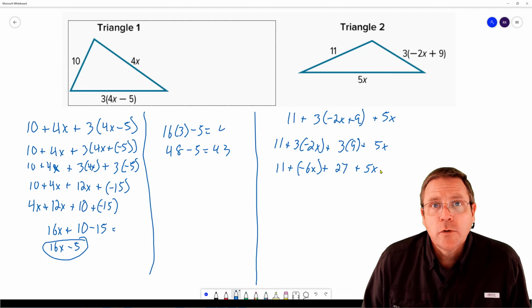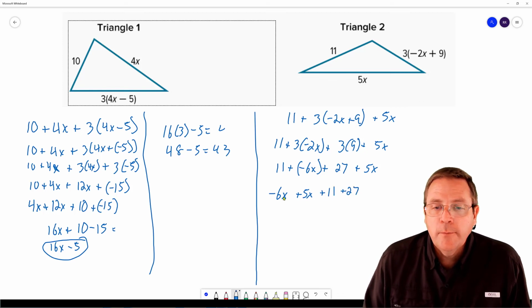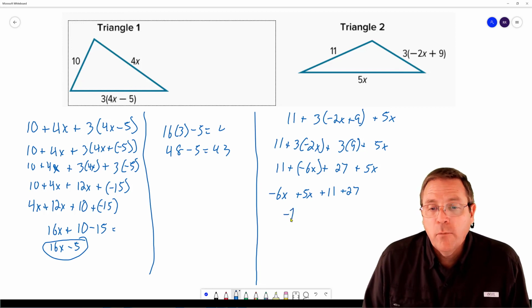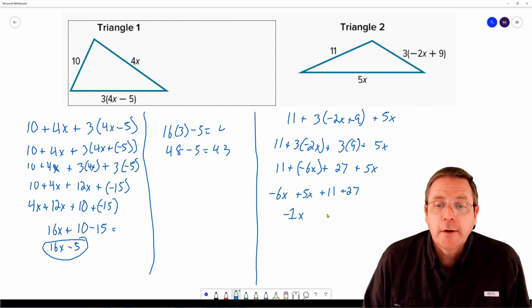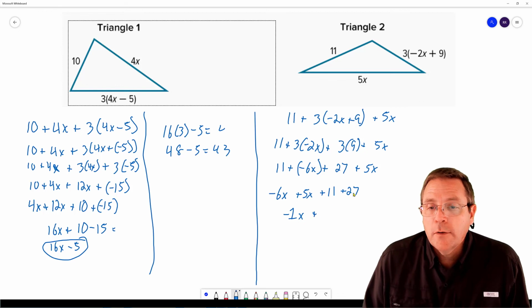Now it's time to use the commutative property to rearrange these things so that they work for us. So I can put a negative 6x in the front, plus 5x, grouping my like terms, plus the 11 plus the 27. Negative 6x plus 5x is a negative 1x, also known as just negative x, plus 27 plus 11, which is 38.